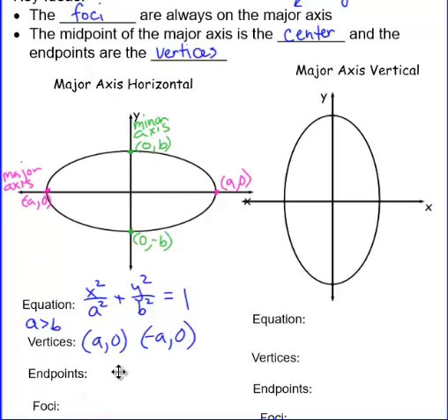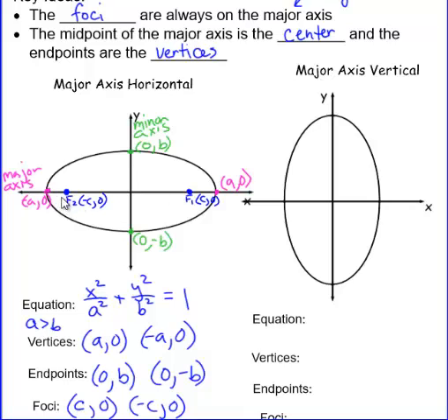Endpoints are from the minor axis, so that's 0 comma b and 0 comma negative b. Make sure you get your zeros in the correct spot, whether those values are on the x or on the y axis. And then the foci we call c comma 0 and negative c comma 0.